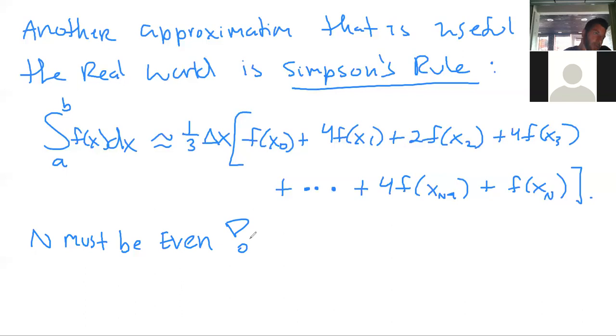Now again, the derivation of this formula is a little more complicated than the trapezoid derivation that we did. The trapezoid one is not very difficult to derive. This one, it's not that it's difficult, it's just tedious. And so we're not going to do it, but it's in the book, it's on the internet.